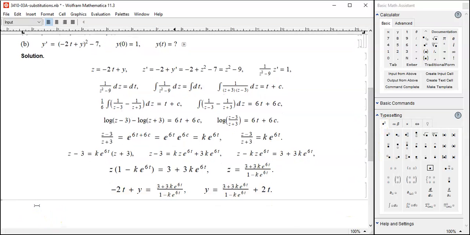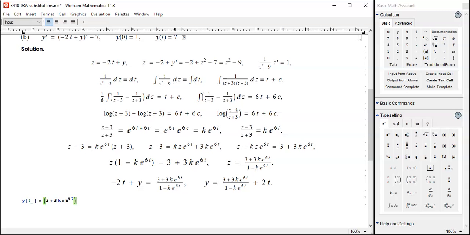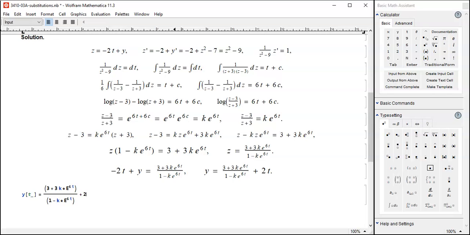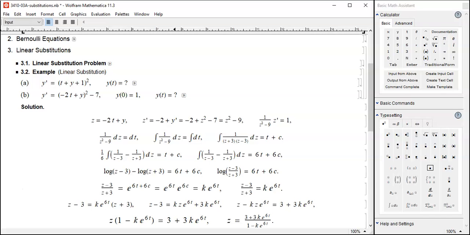Well, shall we check? 3 plus 3k times e to the 6t over 1 minus k times e to the 6t, plus 2t, and then what is the differential equation here?